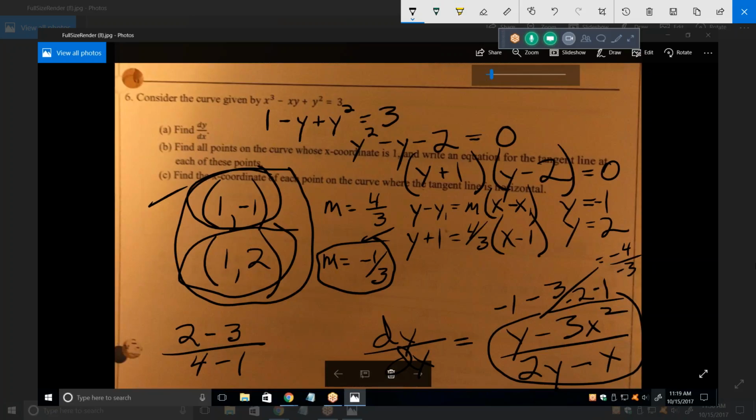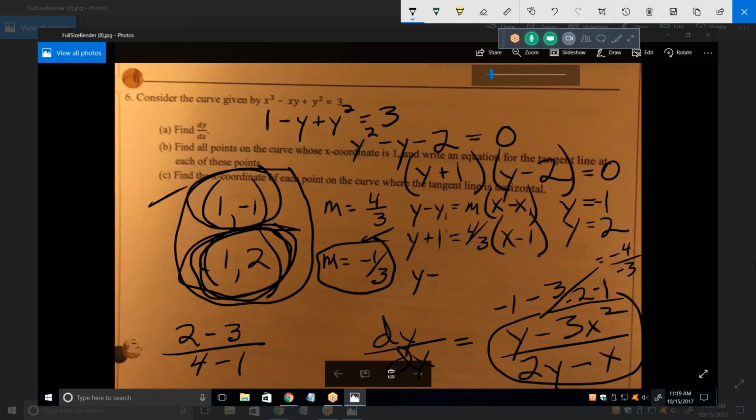What's the equation? It would be y plus. It's y minus y sub 1. So it'd be y minus 1. No. Y minus 2. We're looking at this point now. We're off of that first point. There were 2 points on this function where x was equal to 1.